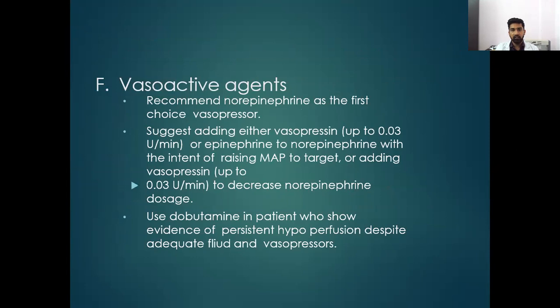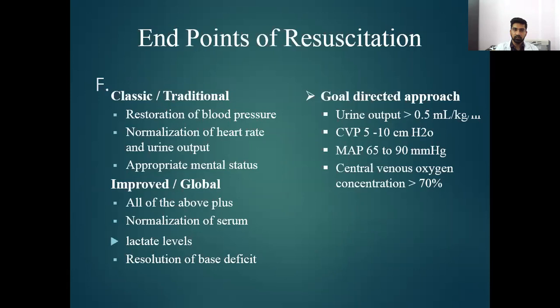Suggest adding either vasopressin up to 0.03 unit per minute or epinephrine to norepinephrine with the intent of raising MAP to target, or adding vasopressin to decrease norepinephrine dosage. Use dobutamine in patients who show evidence of persistent hypoperfusion despite adequate fluid and vasopressor.